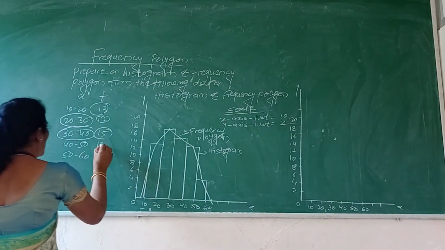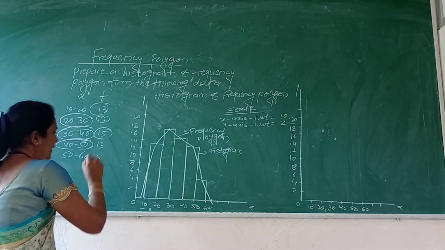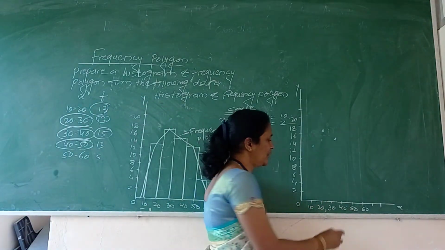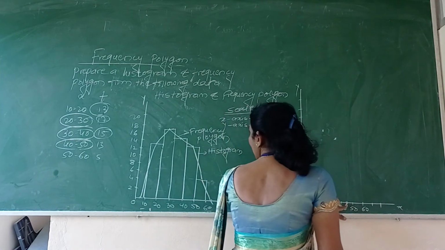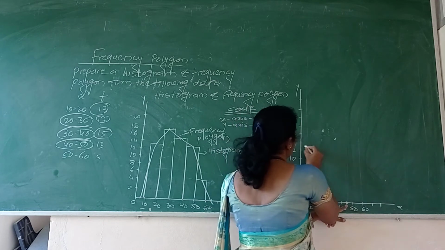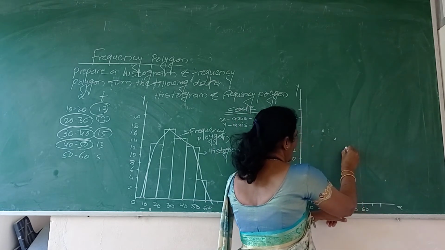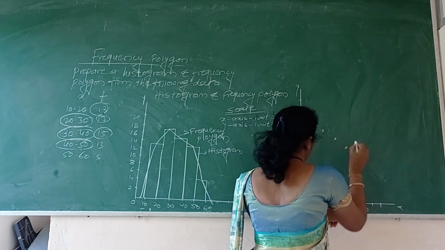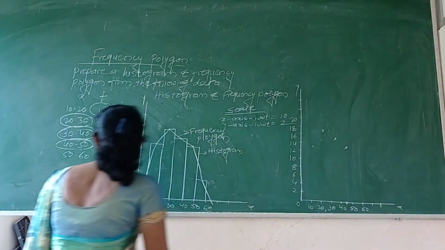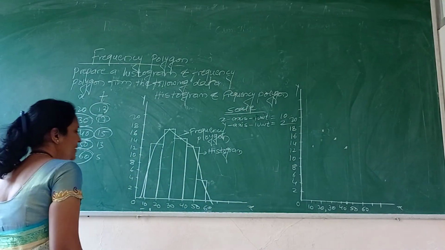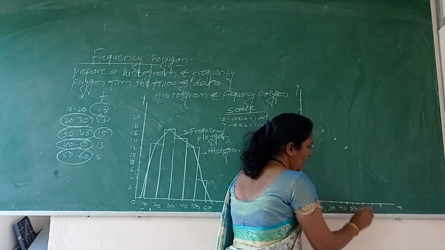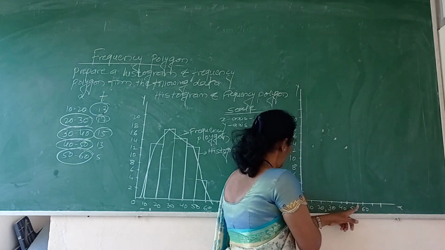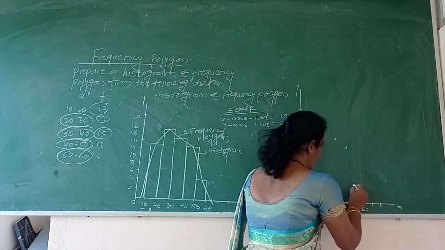Then 40 to 50 is 13. The middle of 40 to 50 is 45, and its height is 13. So give a mark for 13. The last one is 50 to 60, which is 5. The middle of 50 to 60 is 55, and its height should be 5.